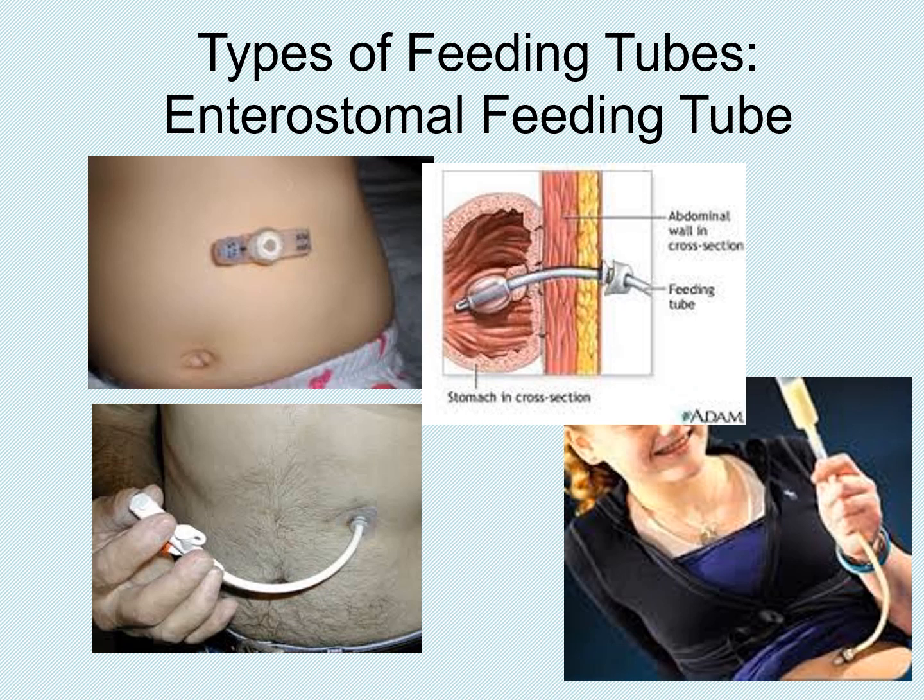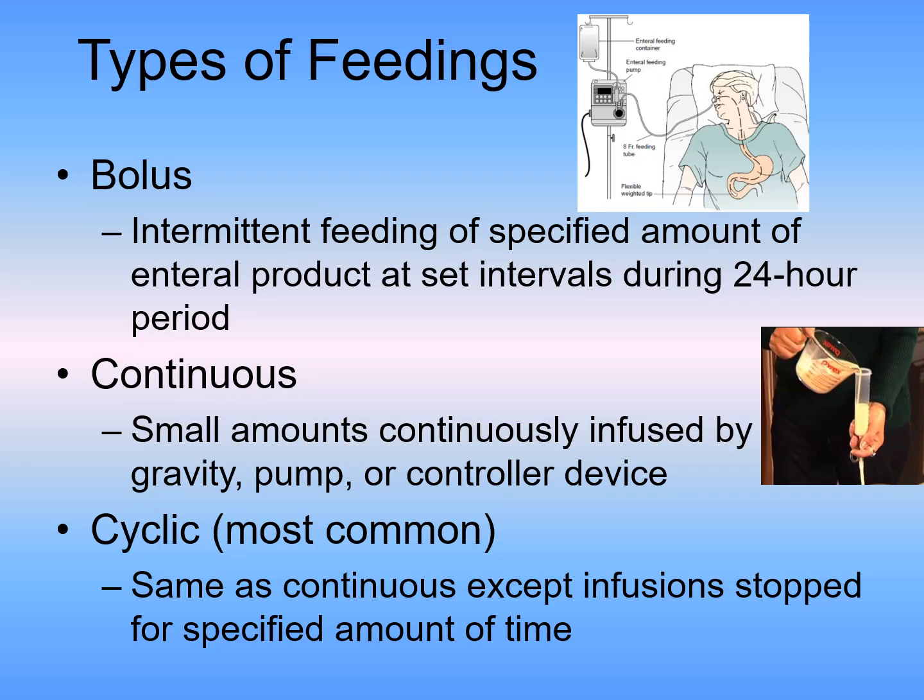So again, bolus feedings, continuous feedings, or cyclic feedings. There's a nurse or someone at home giving the feeding, again, through a bolus feeding. The upper picture is either a continuous feeding or a cyclic feeding.